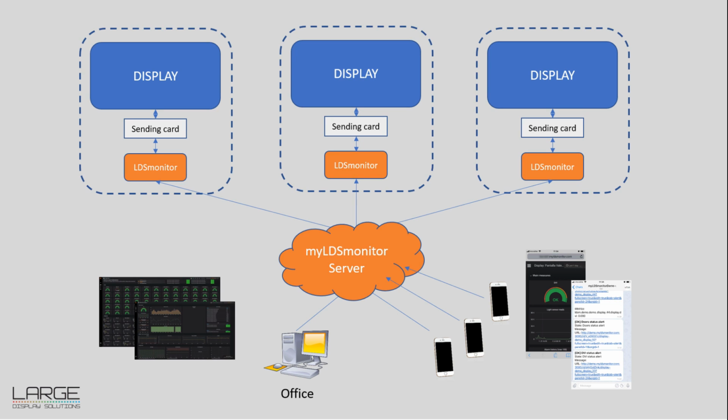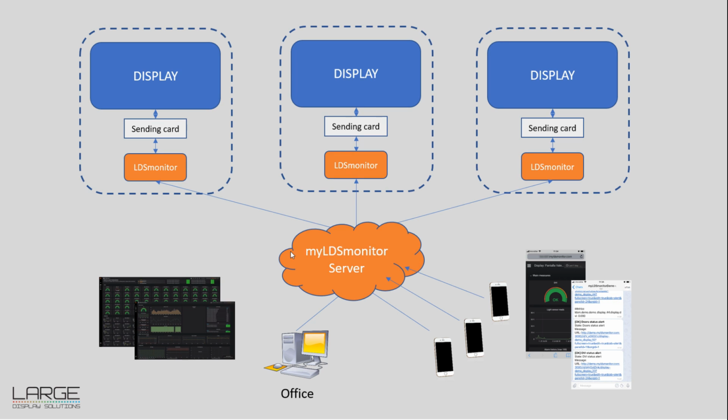You have a web user interface to configure it, and after that you forget about it, because each system will send all the information that is read in the displays through the sending cards to my LDSmonitor server. This is a server dedicated to each client. That is to say, it's not a shared infrastructure.